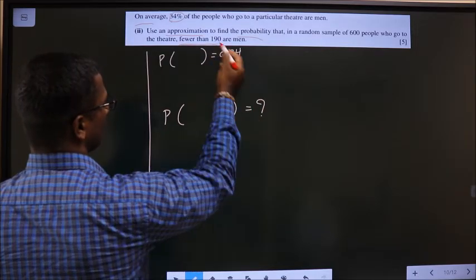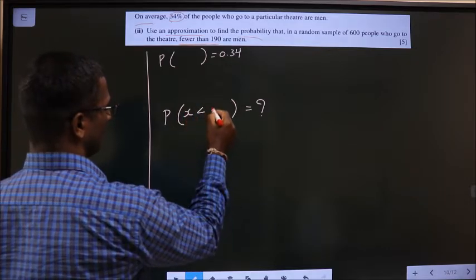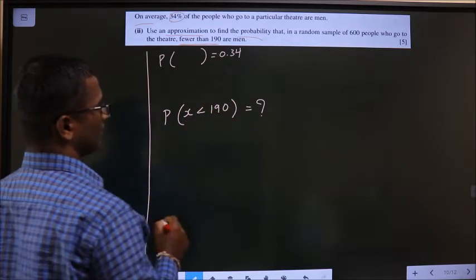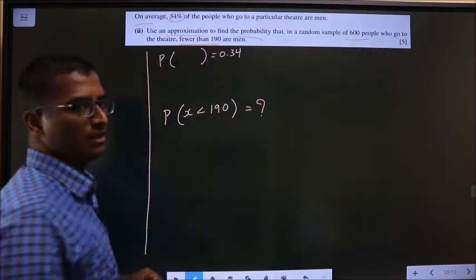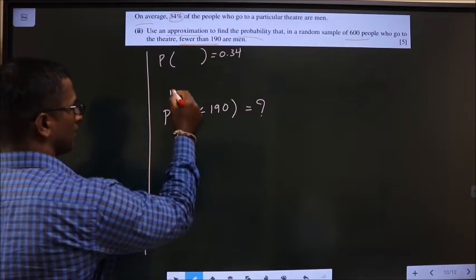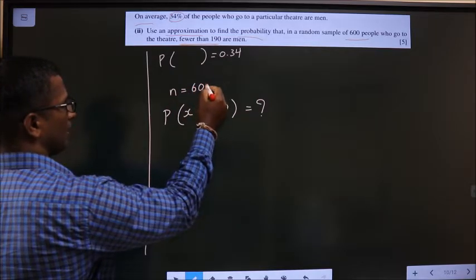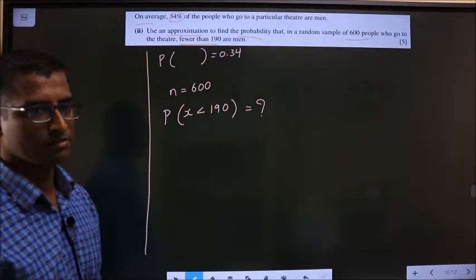Fewer than 190 means X less than 190. Now, random sample of 600 people. So 600 is nothing but N. Clear? Now, this is what you need to find out.